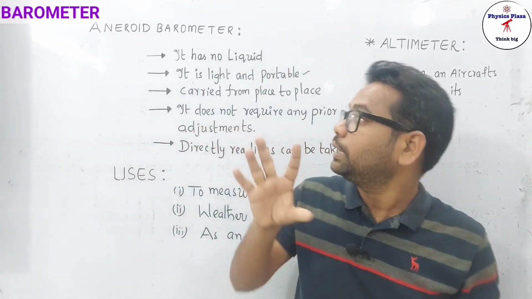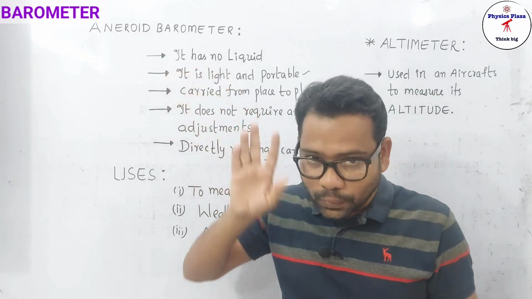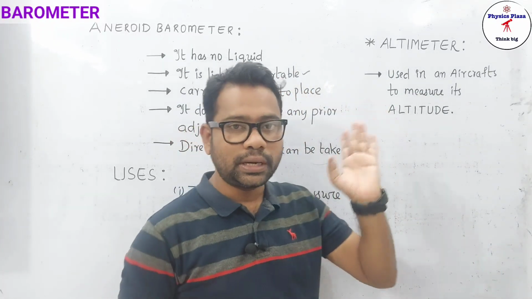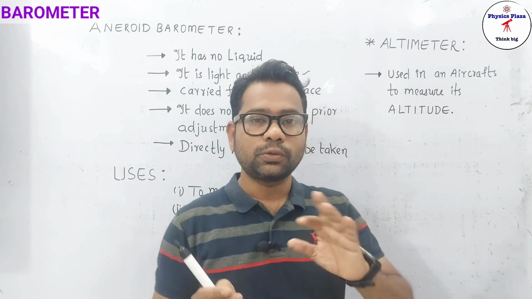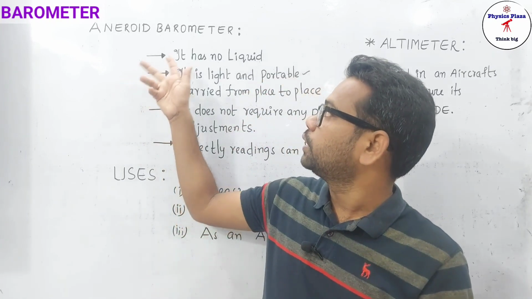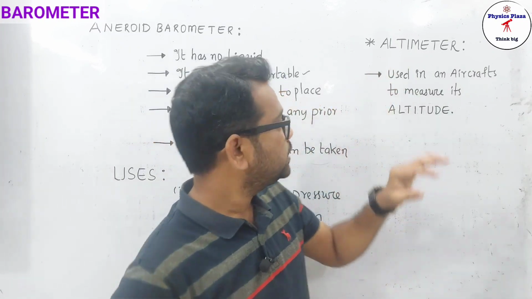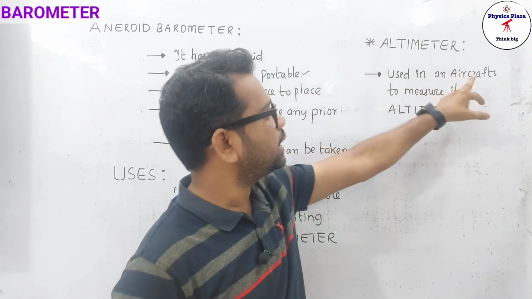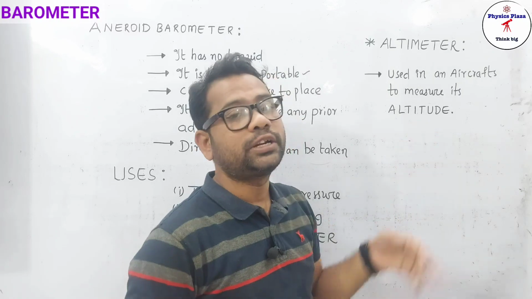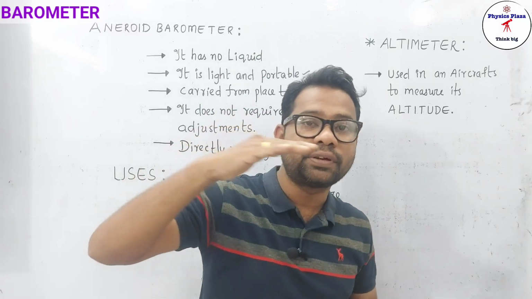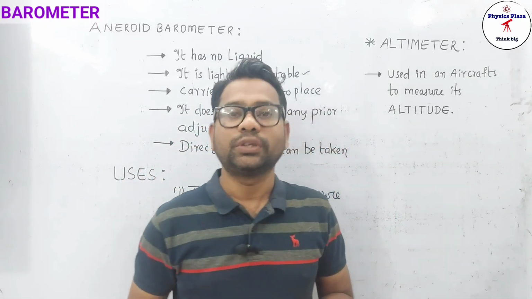Children, a slightly modified aneroid barometer only we call an altimeter. An altimeter is not a new one actually; we make a slight modification in the aneroid barometer to get an altimeter. Then what is the purpose? Altimeter is used in aircraft to measure its altitude, at what height that aircraft is going, so that the pilot will come to know that.